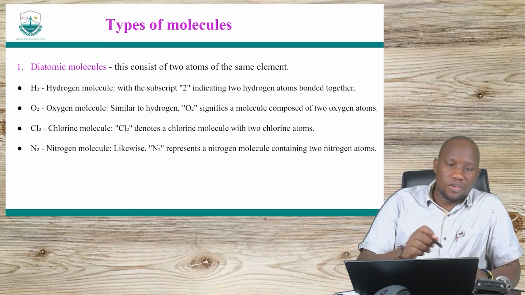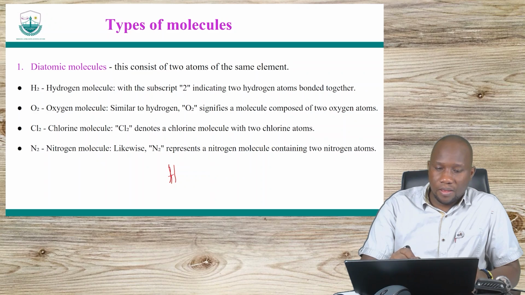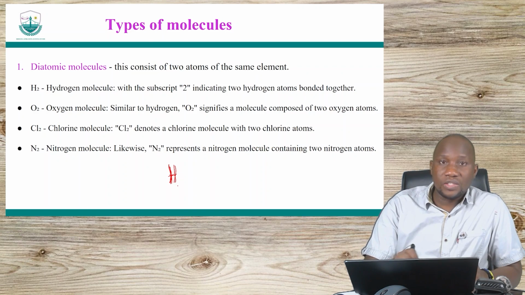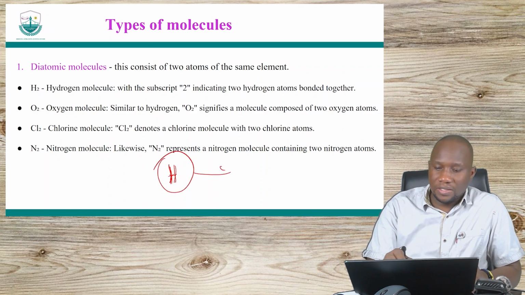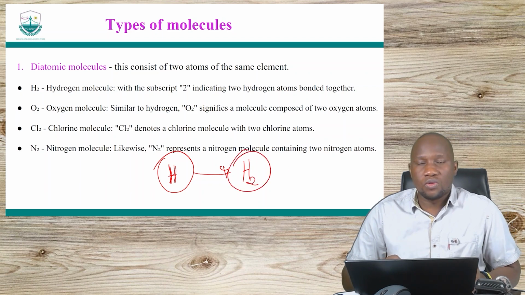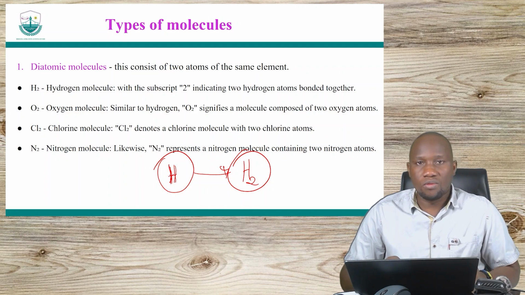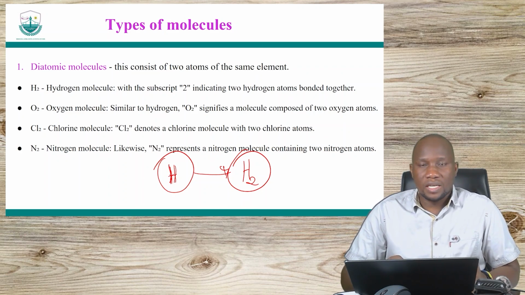So we have, for example, hydrogen element, hydrogen here. This is the symbol for hydrogen. So it does not exist like that. It exists as H2. That is to say, you have two hydrogen atoms combined to form hydrogen gas. Okay. The same thing with oxygen. You have two oxygen atoms combined to form an oxygen molecule. So it exists as a diatomic molecule.